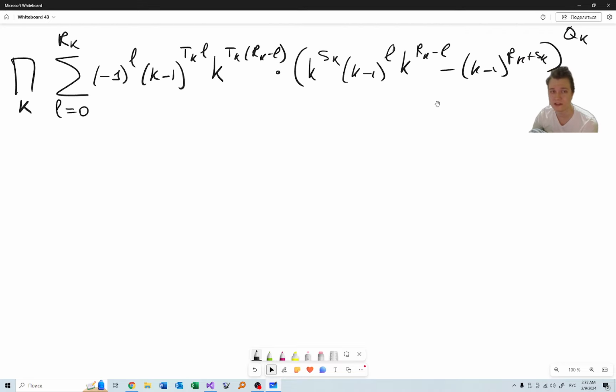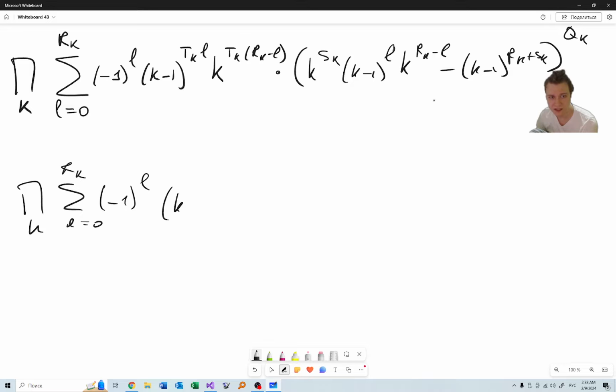Let's continue the simplification. So again, -1 to the power L. This cannot be simplified, which is to the left of the parentheses. But here I can make a simplification because this is k minus 1. This is simply k minus 1, no questions asked.